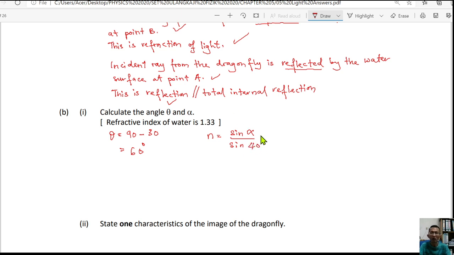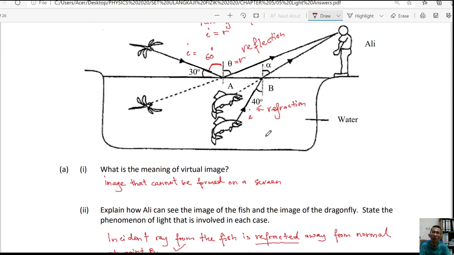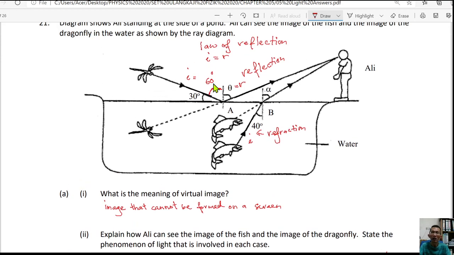If you are not very sure which one is supposed to be the denominator and which the numerator, it's very simple. If I go to my picture, I can see that alpha is greater than my 40 degree. So alpha is greater than 40 degree, right?